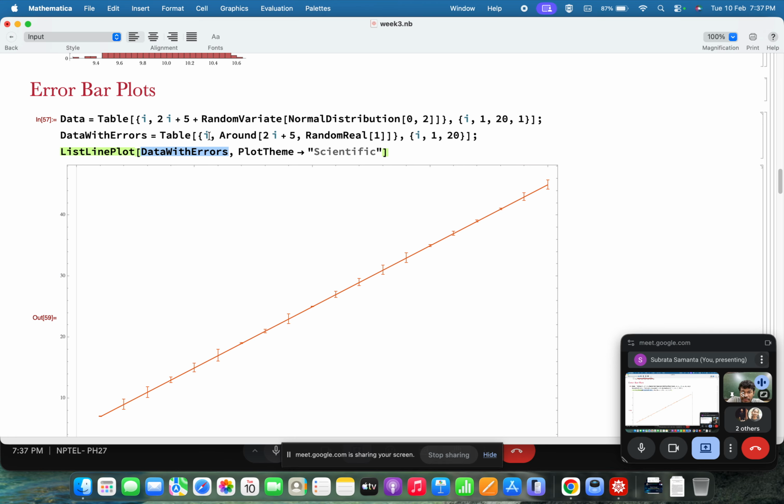For each point, this is my true function and this is the error. You see at this point there is very small error, but at this point there is a large error. So when you generate this random variate, the distribution is basically large. Again for this point you get a large error, and at the next point you get a small error.